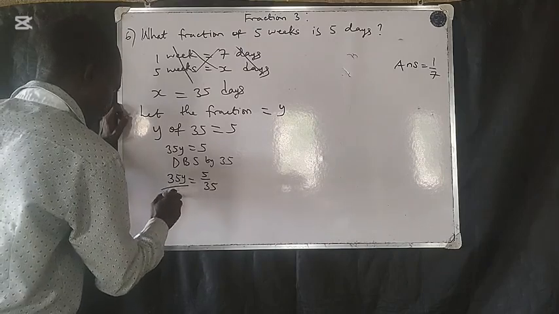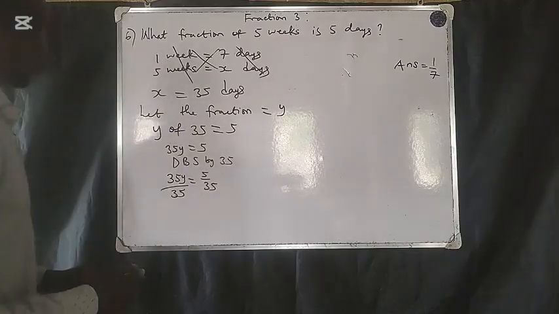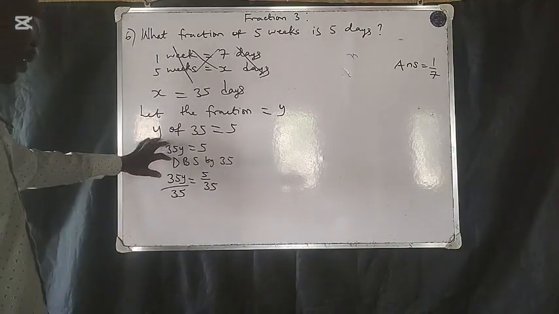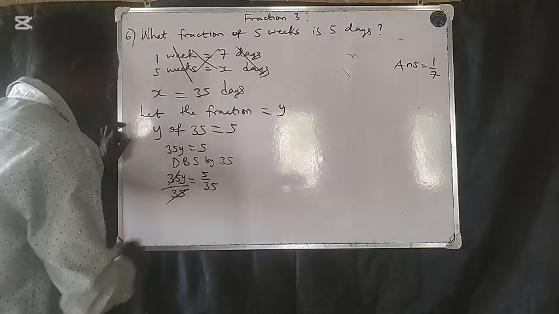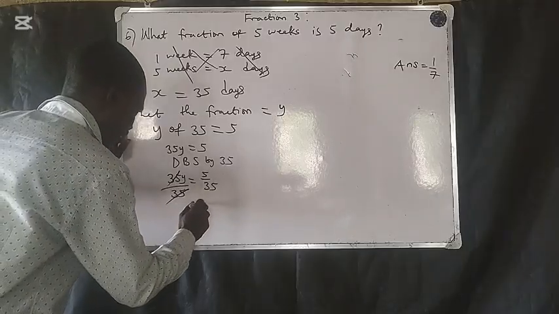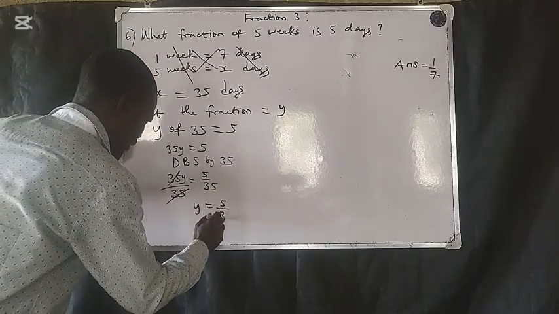So divide both sides by 35. I put 35 here, I put 35 here. So this 35, we cancel this one. So we are left with y equals 5 over 35.